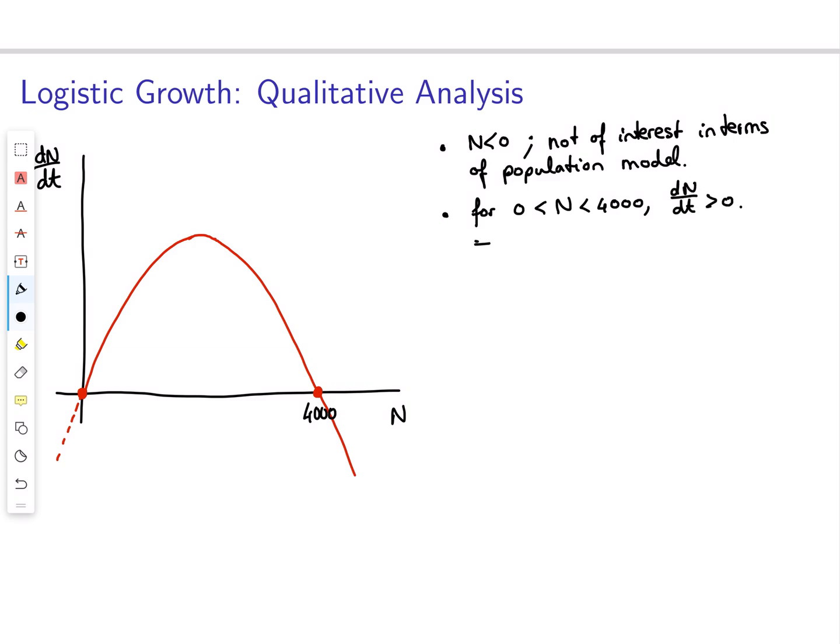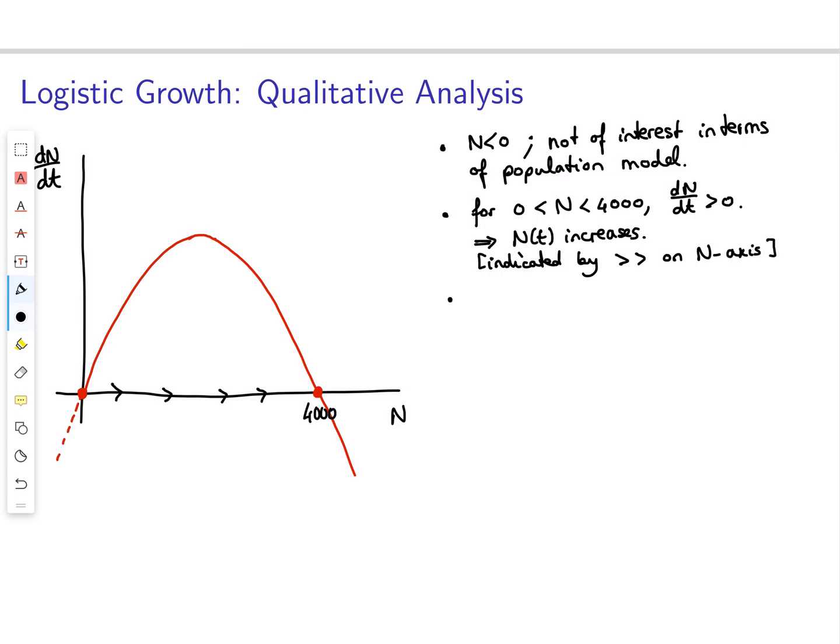And that implies that N of t increases. So it increases, and let's indicate that by an arrow on the N-axis that is pointing to the right. That says that N is increasing. So this is indicated by arrows pointing to the right on the N-axis.